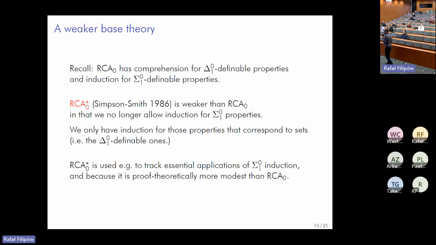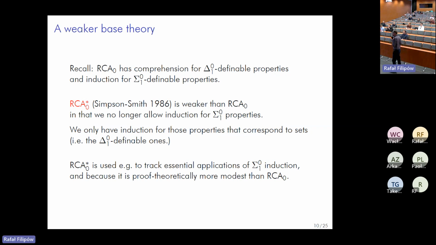So there's a theory introduced by Simpson and Smith in the 1980s. Well, the name is pretty lame, but I guess it's stuck in the collective consciousness of the field, so I have to use it: RC0 star. That's obtained simply by disallowing the Σ^0_1 induction. You just say computable properties correspond to sets, and the sets are inductive. So if you know that a property is a set, then you can use induction about that property, nothing else.